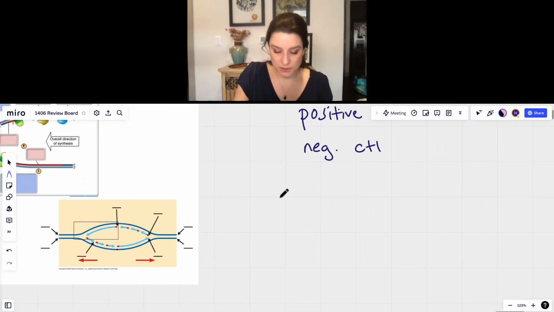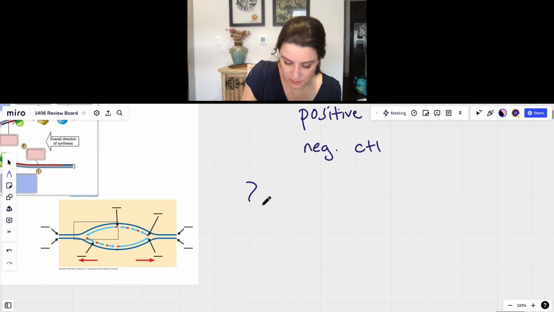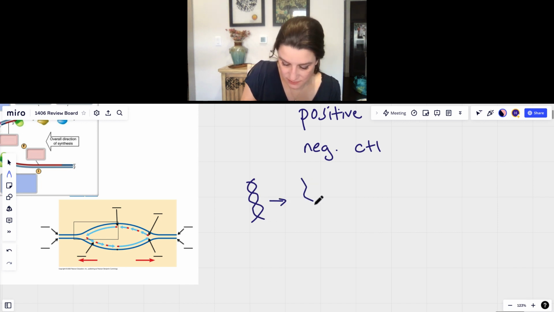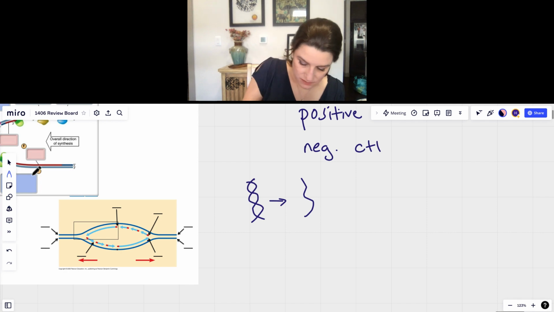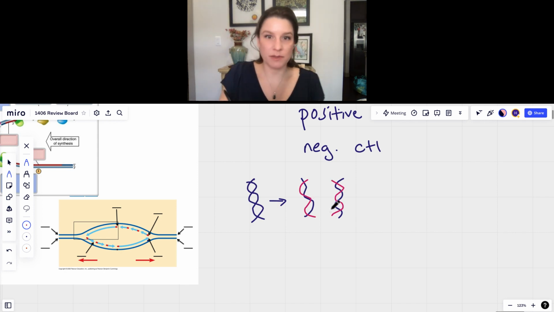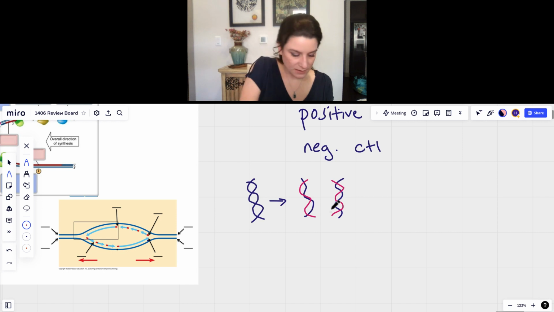So I'll draw some stuff too. So the idea here is that you have one double helix, and you're going to, in S phase of the cell cycle, copy using that one template, and you're getting 2 double helices. It's a little bit sad, double helix, but you get the idea.